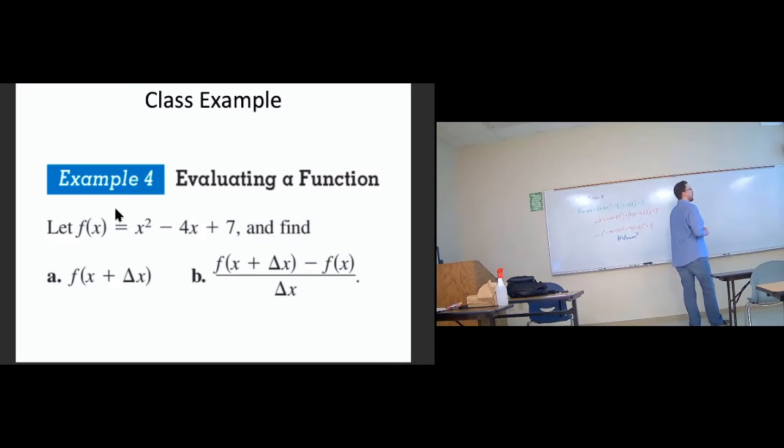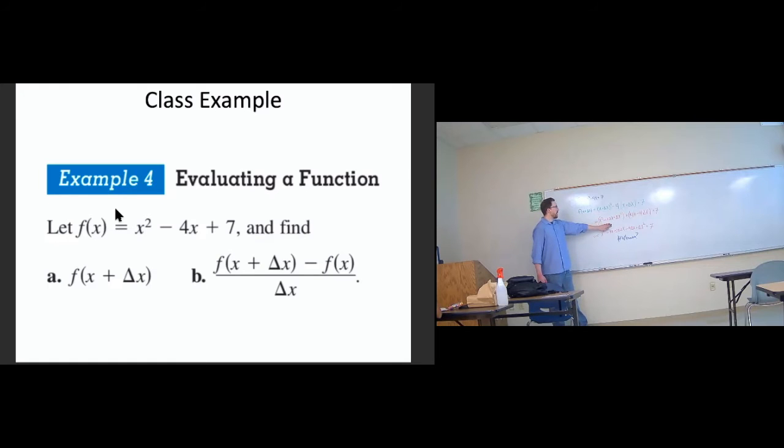So now, with that in mind, for part A, what we're gonna do is replace each of these x's with x plus delta x. That's what I've done up here. We're given the set of rules for what to do with whatever value. Now we're saying, all right, with x plus delta x as our value, how does this evaluate out? I went ahead and expanded everything.